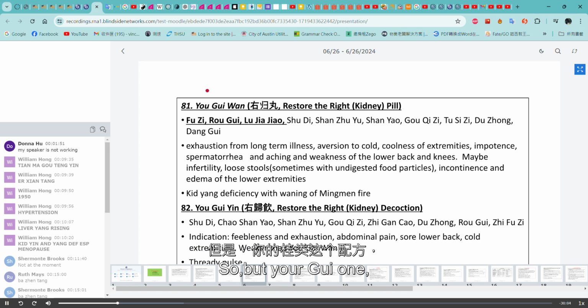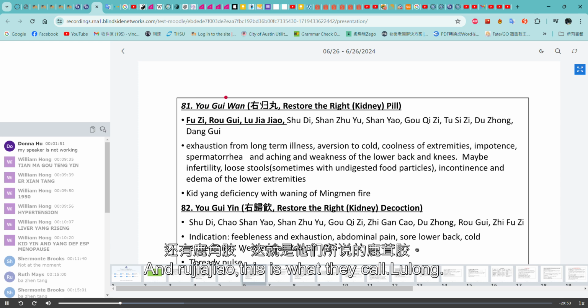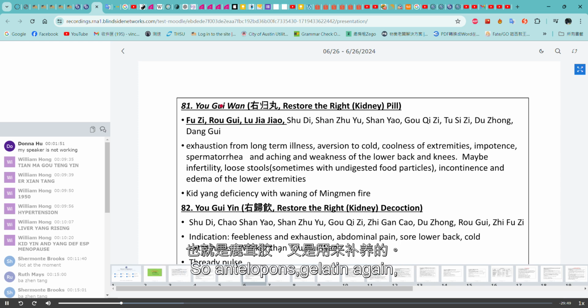But You Gui Wan is more warming. So instead of Guizhi, use Rougui, which tonifies the yang more. And Lu Jiao Jiao, this is antler gelatin, again tonifying kidney yang.